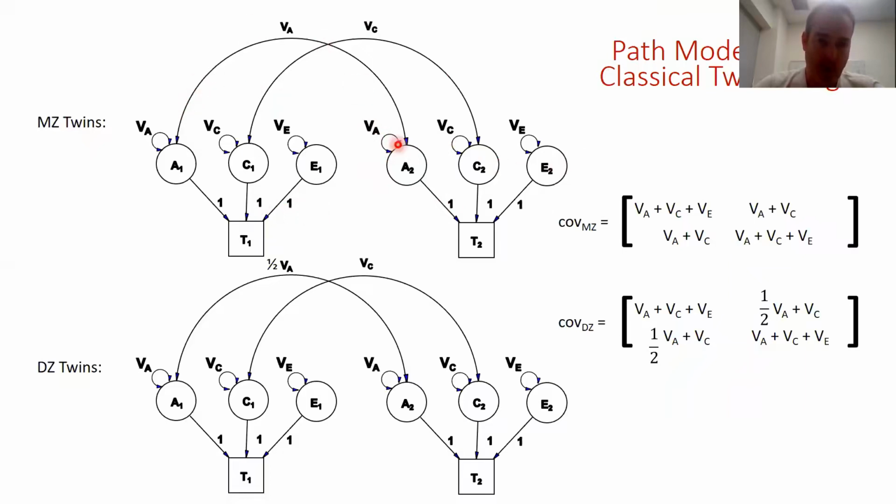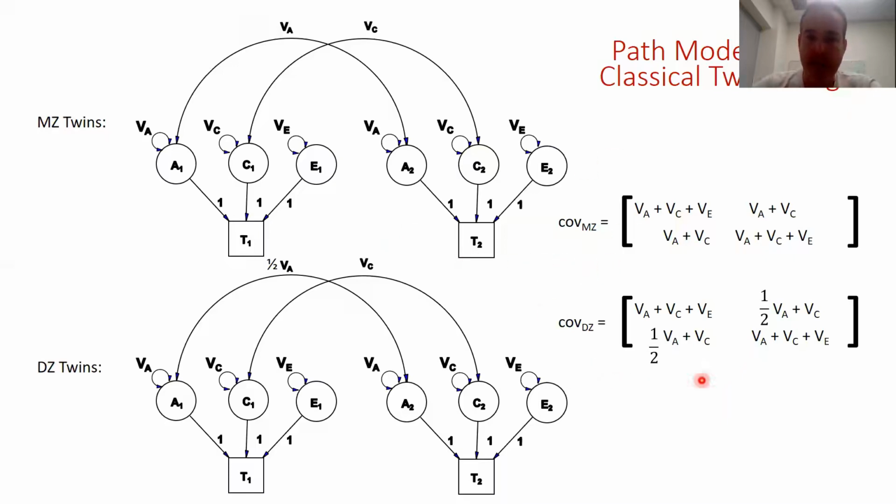We've also got the covariance between those latent factors as well, because these double-headed arrows are not correlations, they're actually covariances between the latent factors. Hopefully this is revision from earlier on in the course.